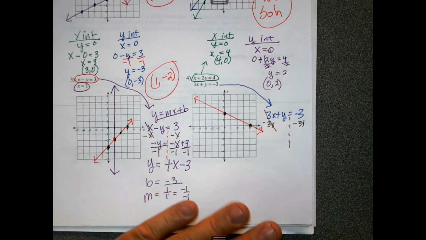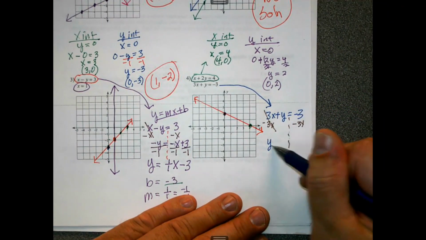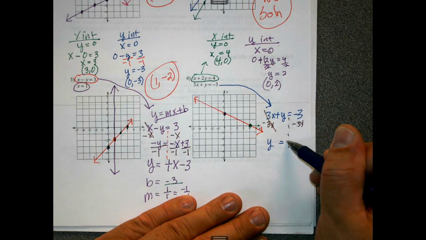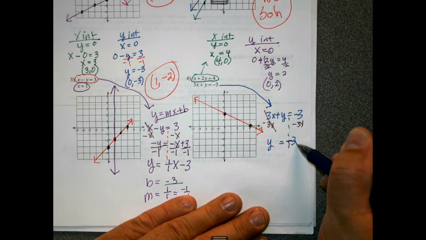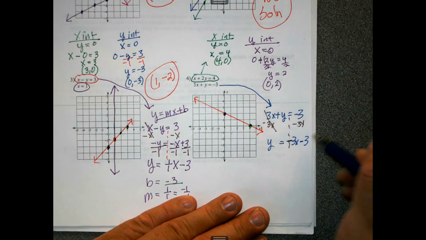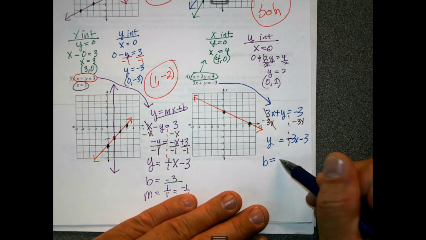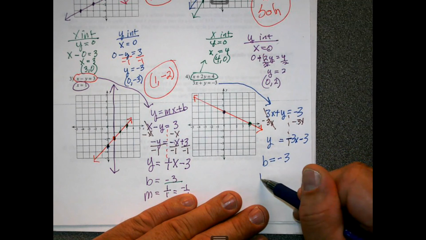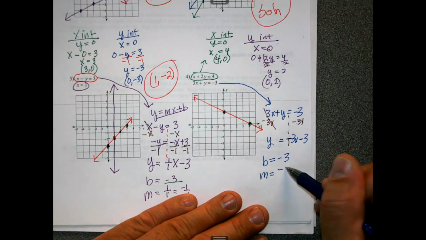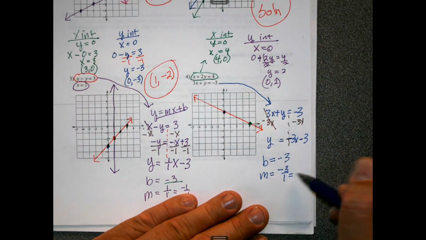And I get y equals negative 3x minus 3. So my y-intercept is negative 3, slope negative 3 over 1 or 3 over negative 1.